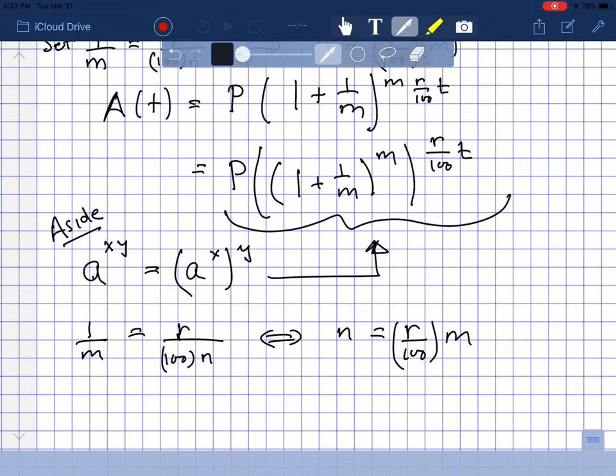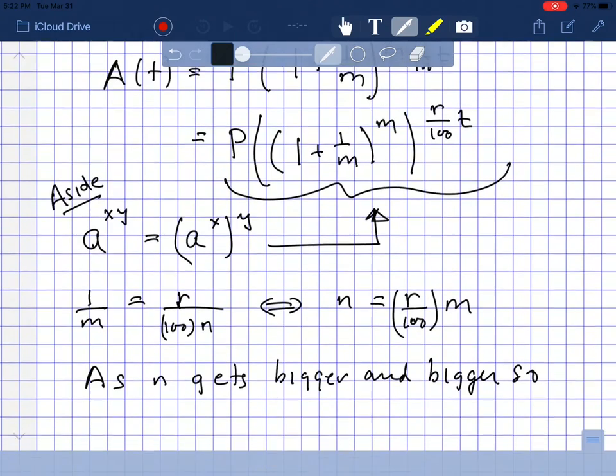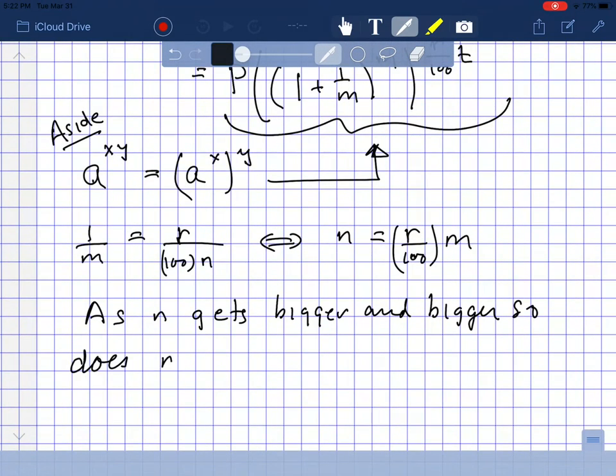The interest rate is fixed for all time. That's what the bank pays. The 100 is fixed. Now, as n, the number of interest periods, gets bigger and bigger, what happens to m? As n gets bigger and bigger, so does m. Okay, that certainly makes sense. If n is getting bigger and bigger, then so is m.